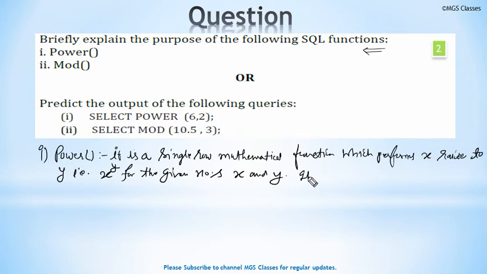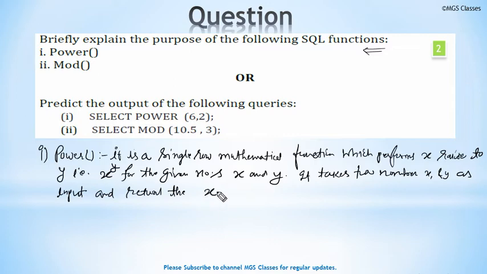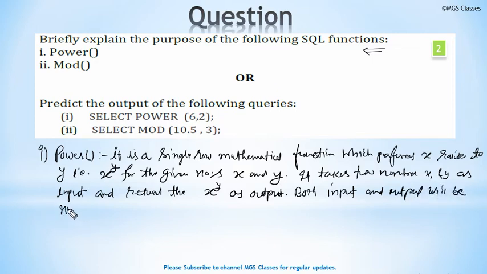Okay, it takes two numbers x and y as input and returns x raised to the power y as output. Both input and output will be numeric. Okay, so this is the way you can write the answer.